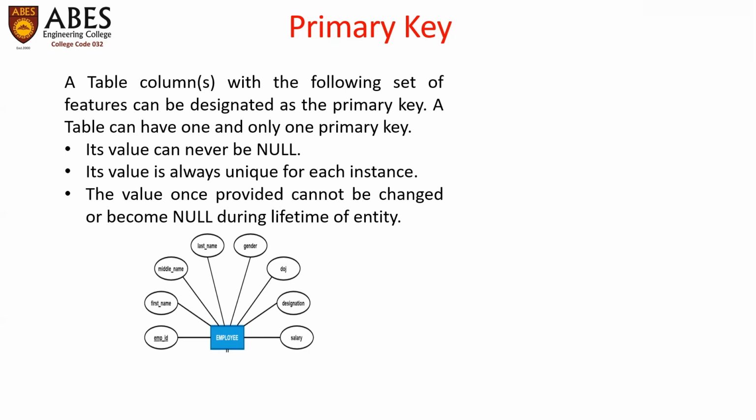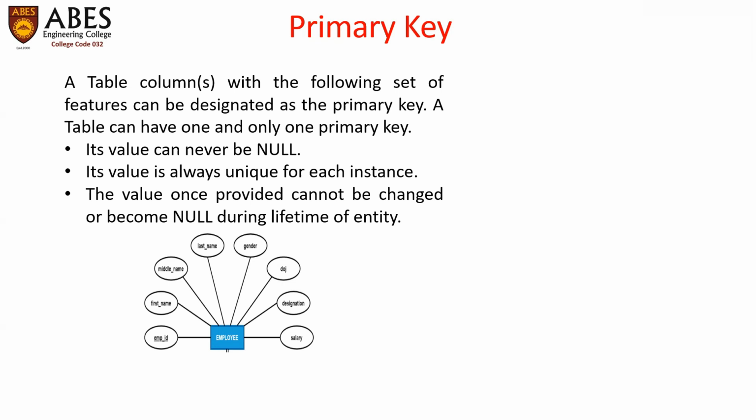But as we all know, the employee ID of each employee will be different. That means it will be unique for each. So if I want to identify any employee in the entity set of employee, I will be able to uniquely identify it with the help of employee ID. So employee ID will be unique. So this type of attribute is known as a primary key.